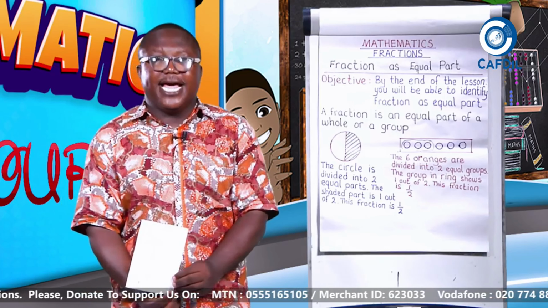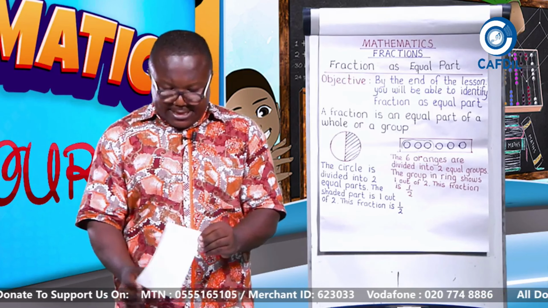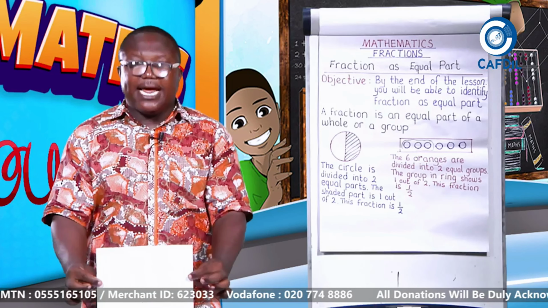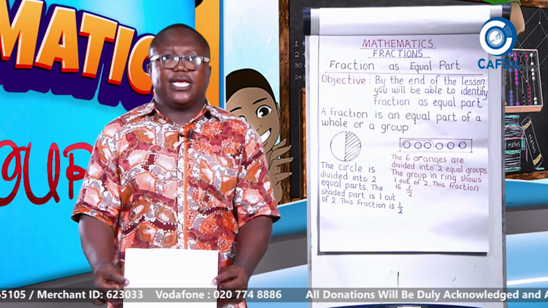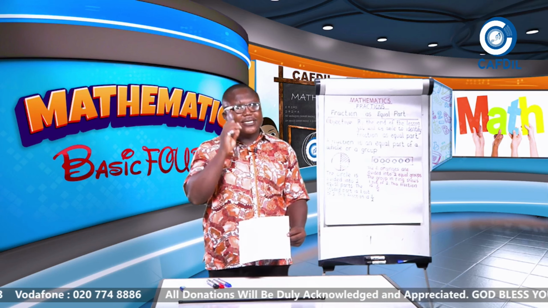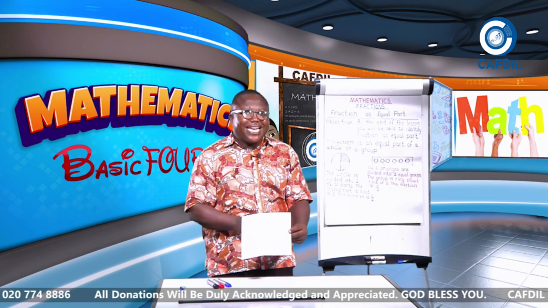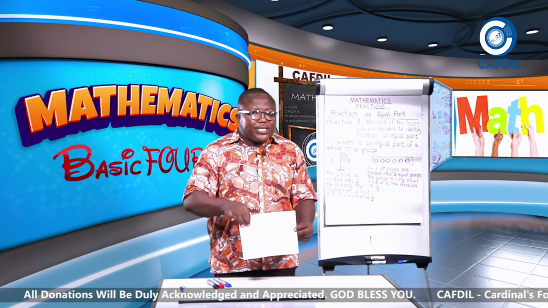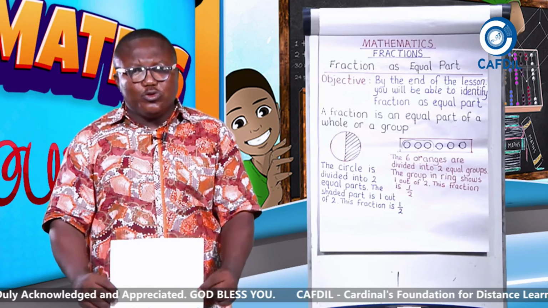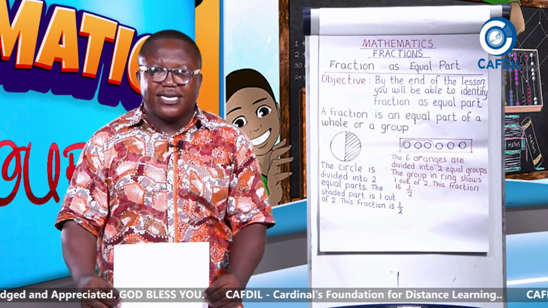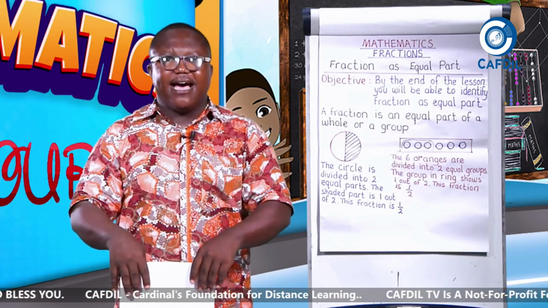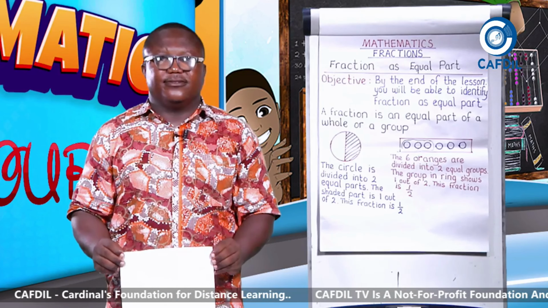I have folded this sheet and I've opened it. What do you see? Now you can see that this full sheet has been divided into two equal halves. So we have one half here and then the other half here. You've seen it?